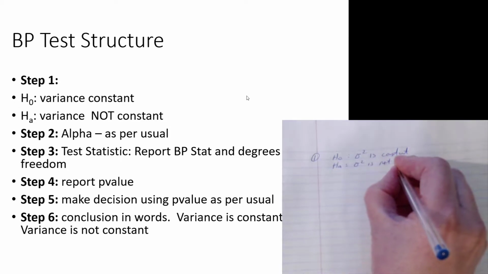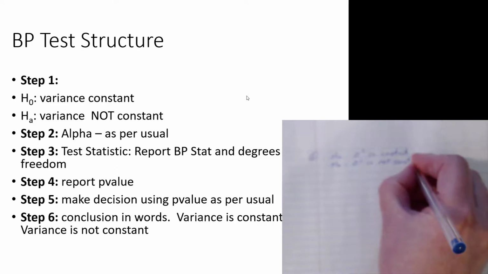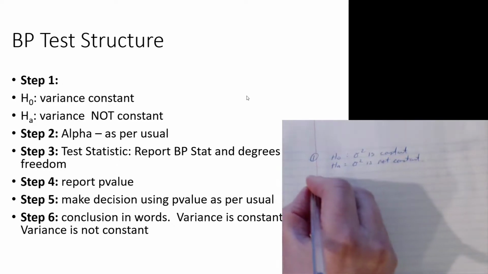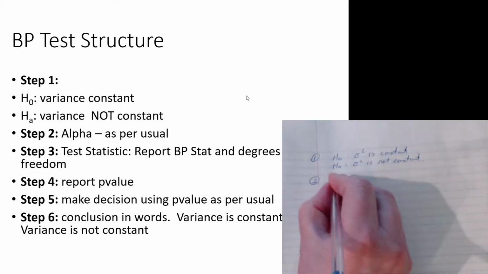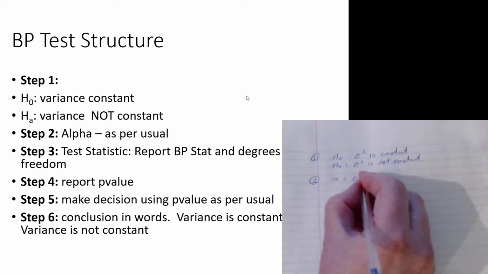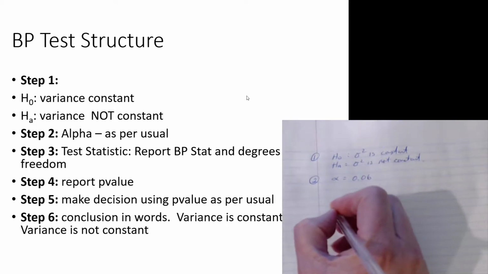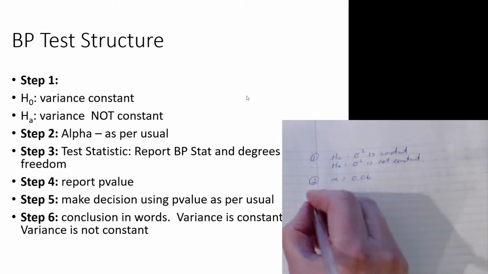So H0 is the variance is constant, HA is that the variance is not constant. Step 2 is alpha, just like step 2 is always alpha. I'll just pick a random alpha of 0.06, without getting too far into the weeds on type 1, type 2 error here.